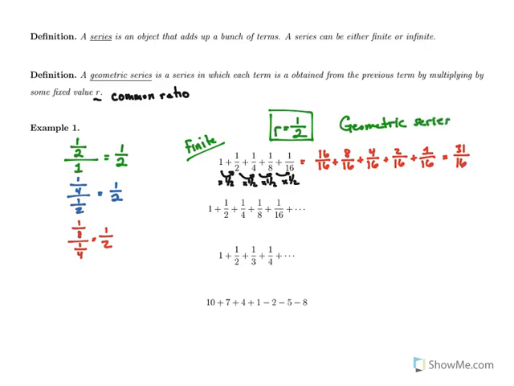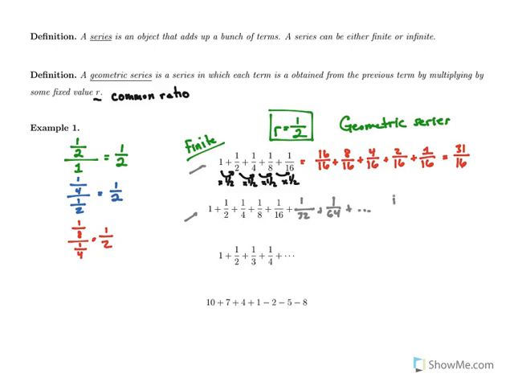So note this next one is very similar. So this was the first one right here. This next one, 1 plus 1/2 plus 1/4 plus 1/8 plus 1/16 plus ... means that we're going to keep on adding terms forever. So the next one would be 1/32, then 1/64, and we just keep on going forever.